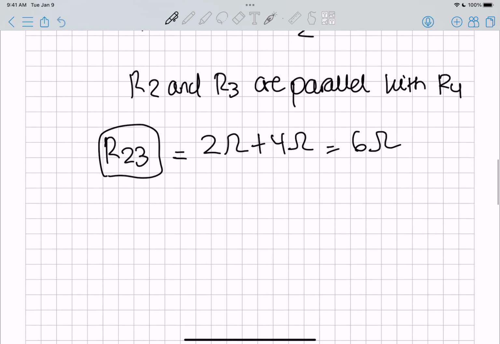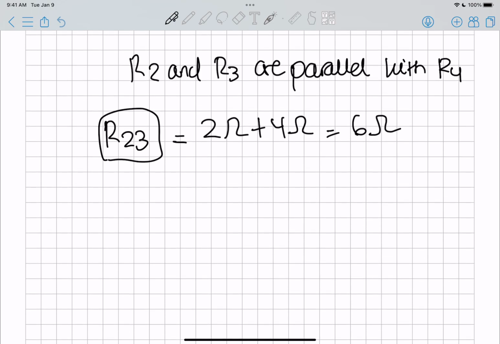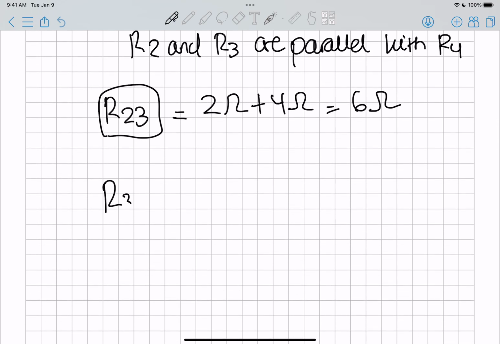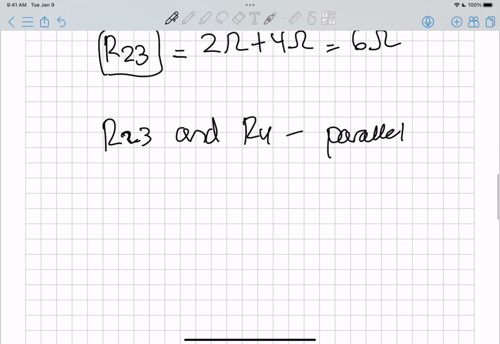Well, now that we have R2,3 and R4, we already said that they are parallel with one another. How can I simplify that down? Excellent. 1 over R2,3 plus 1 over R4 gives us, what do we call that combined resistor at that point?